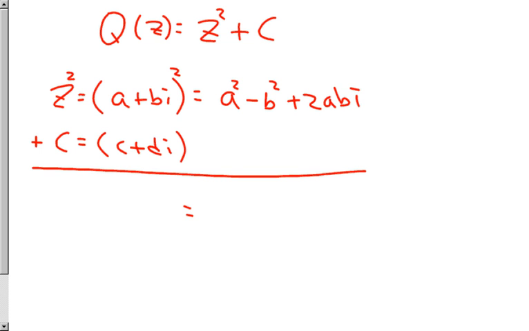So let me write that as a squared minus b squared plus c, the real part of your output, and plus parentheses 2ab plus d i, the imaginary part of the output. Now this is a formula that I use to iterate over and over.